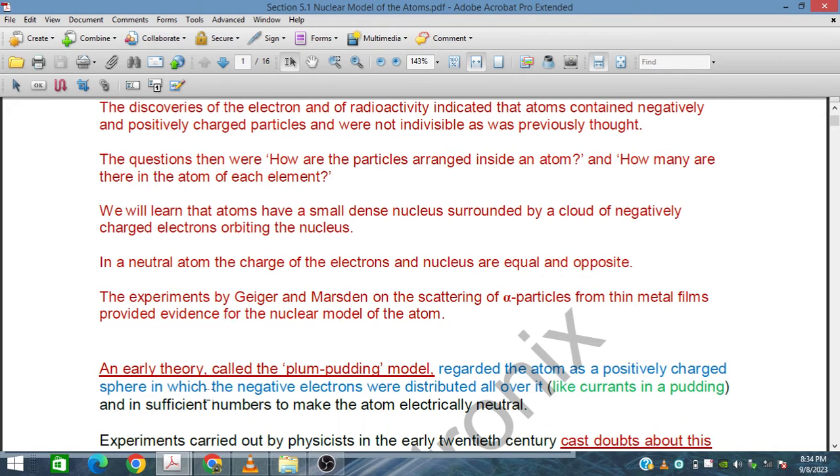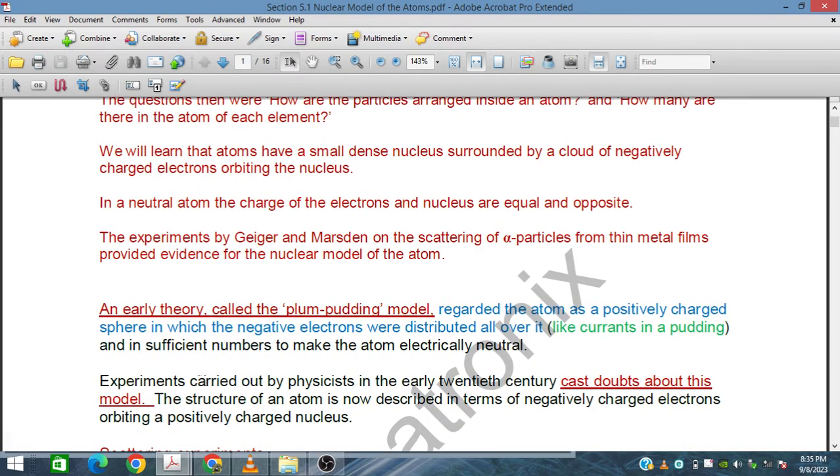There are enough electrons to make the atom electrically neutral, so the electron charge and the atom's positive charge should be equal. So this plum pudding model was assumed.